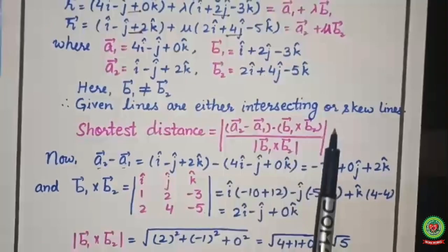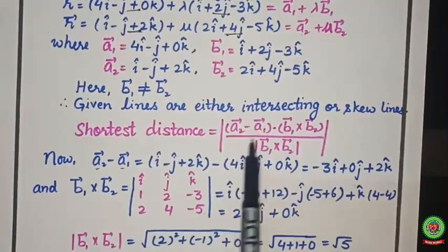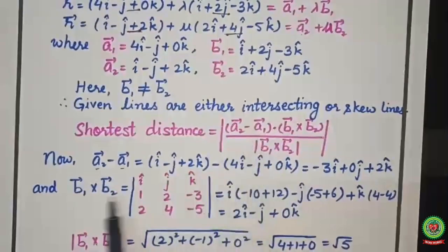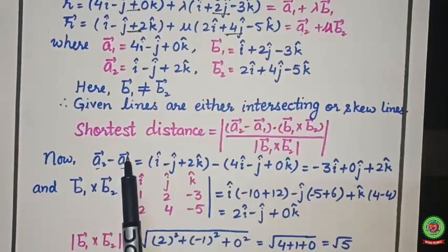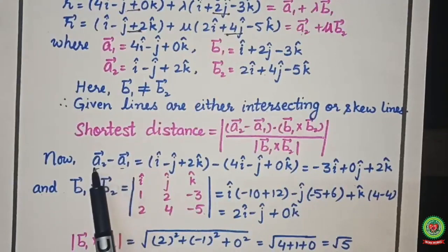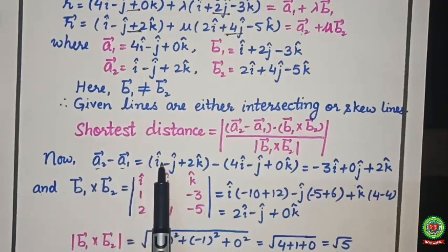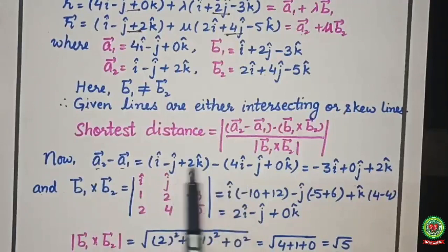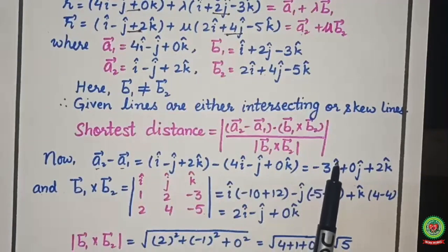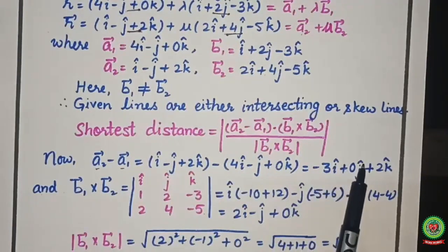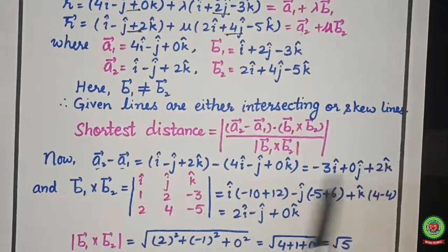Now again we will start from the bracket. So now a2 minus a1 vector, that is the difference between two passes through points. Put the value of a2, put the value of a1 and subtract them. We get minus 3i cap plus 0j cap plus 2k cap.